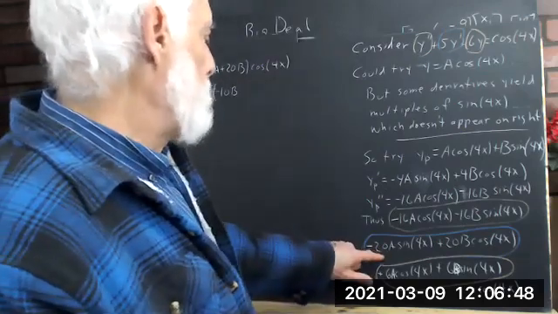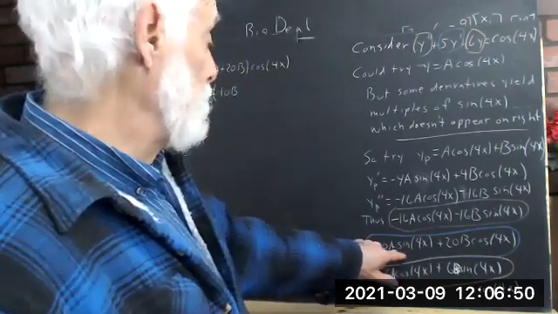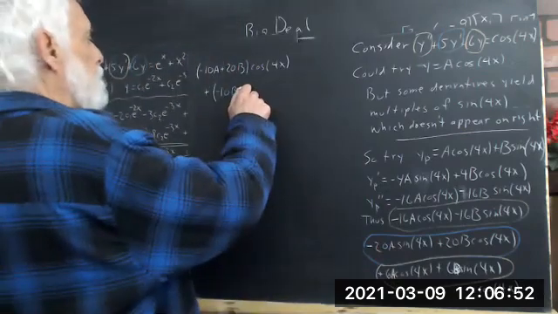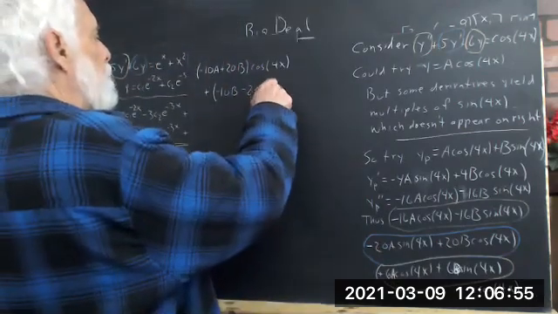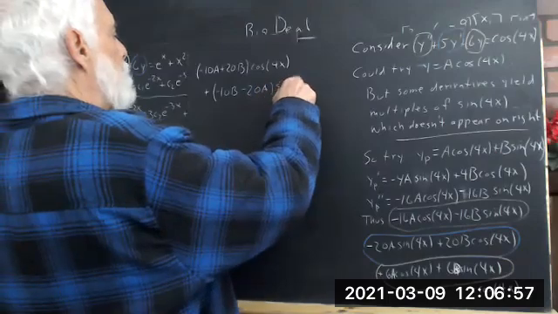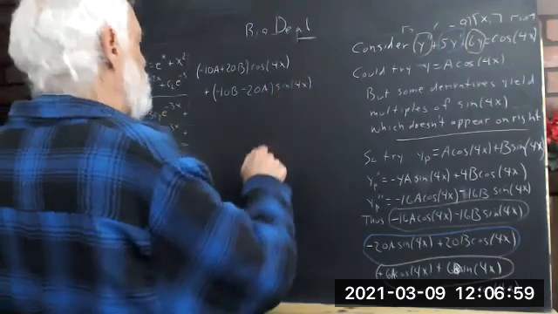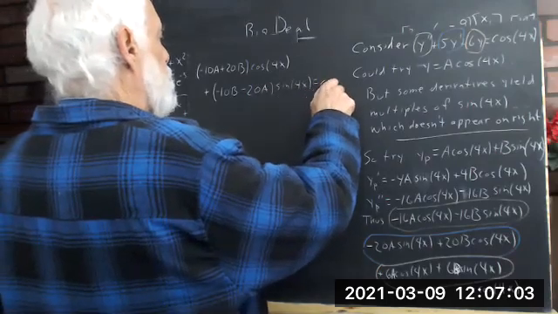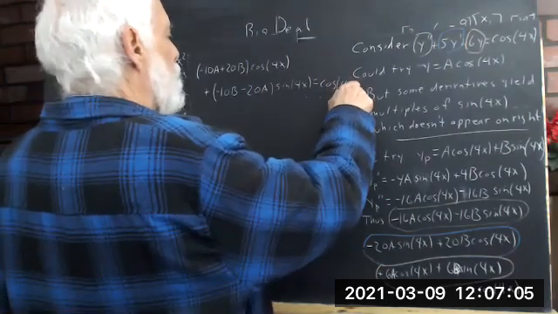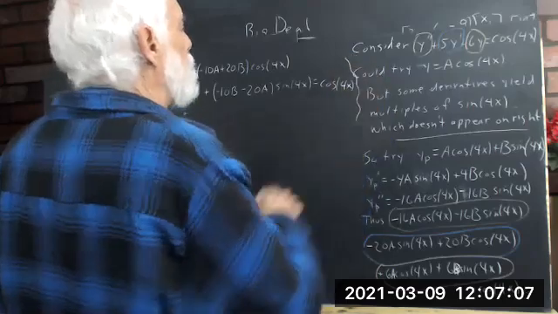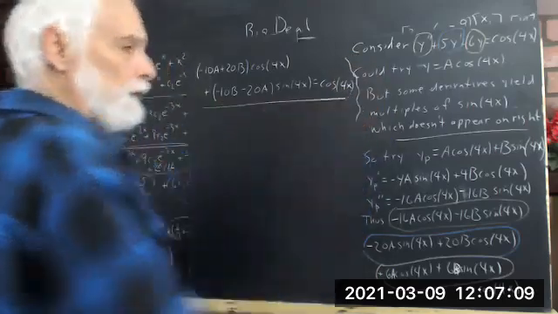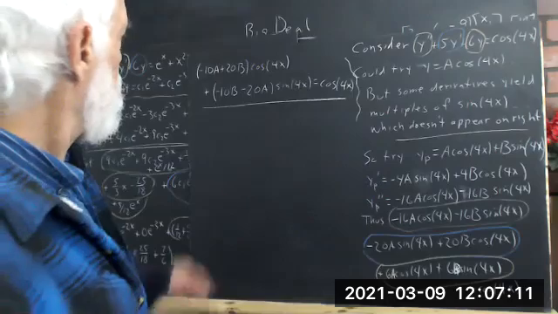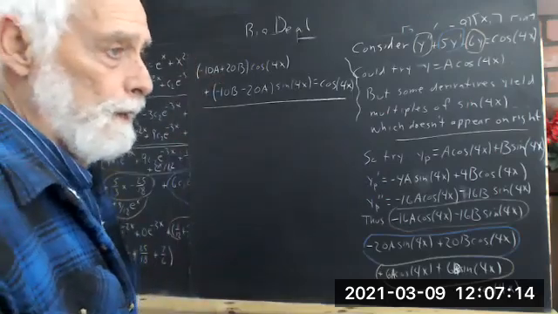And it's going to be then minus 20a times the sine. And that has to equal the cosine of 4x. And right there is what we need to solve for a and b.